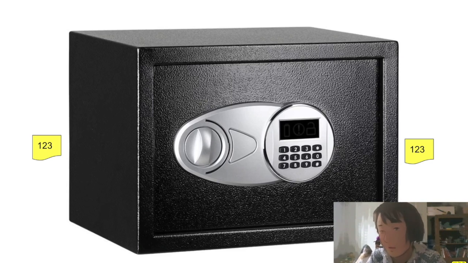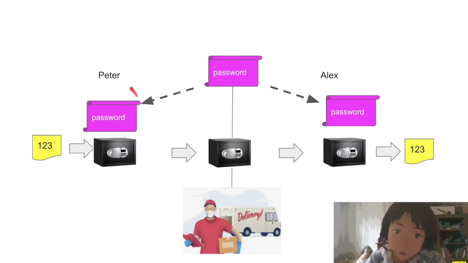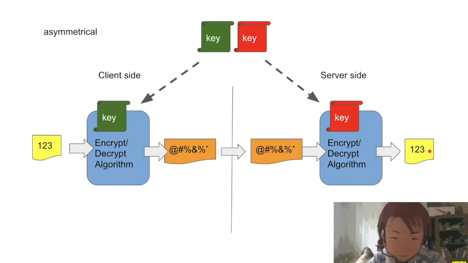It uses the same key to lock a message, and only the receiver can unlock the message and read it. Hope that makes sense. This is how it works. Peter puts things into the safe, uses a password to lock it, and the password is shared with Alex beforehand, and Alex can open the safe with the password and see the actual message.